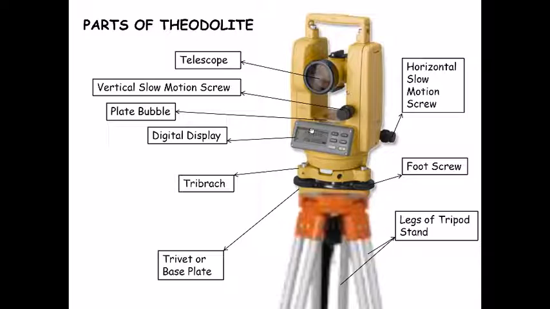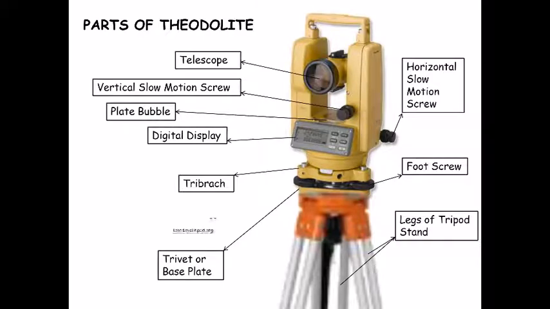On the screen, the angle is displayed. When you keep on rotating the instrument, the angle keeps on changing over here, and you can note down the reading. Similarly, you have a plate bubble over here and the circular bubble on the other side, and also an optical plummet to center the instrument, and the plate bubble and the circular bubble to level the instrument.